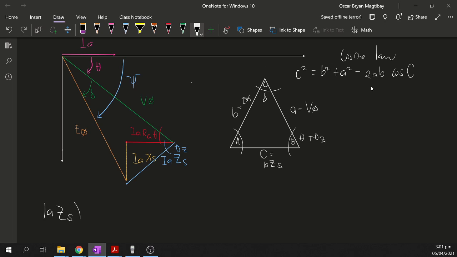IAZS quantity squared is equal to A phase squared plus V phase squared minus 2 E phase V phase cosine C. What is cosine C? Cosine sigma.